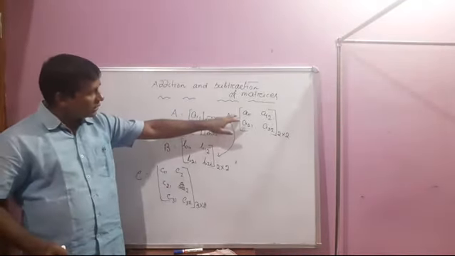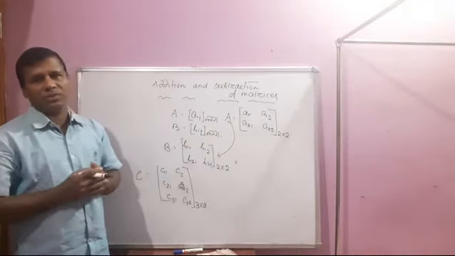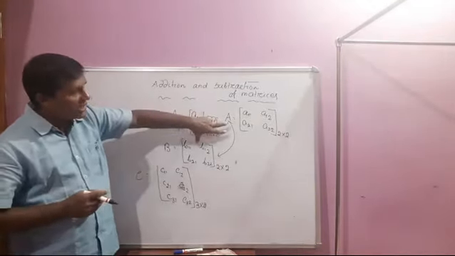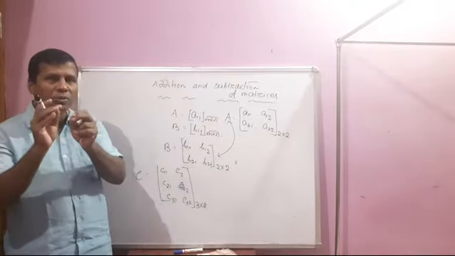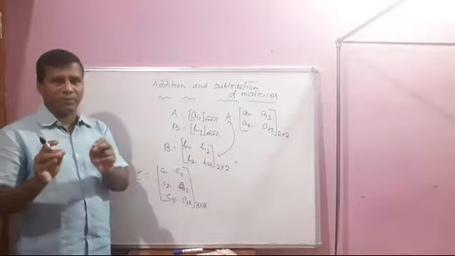In this case, only matrix A can be added with matrix B, but A cannot be added with C, because A and B are 2 cross 2 order matrices, but C is a 3 cross 2 order matrix, which has 3 rows and 2 columns, while the other two matrices contain 2 rows and 2 columns. So only matrices of the same order can be added or subtracted from each other.